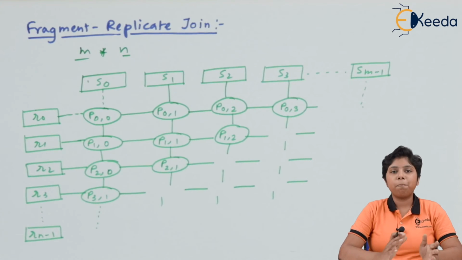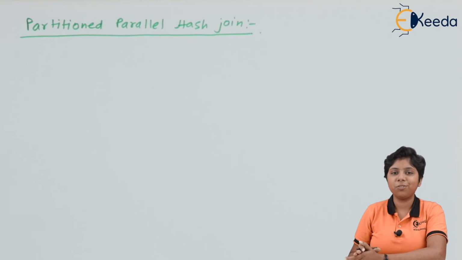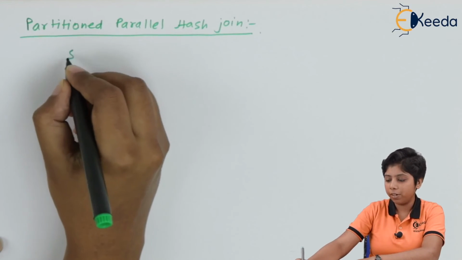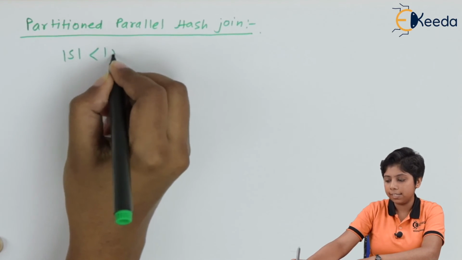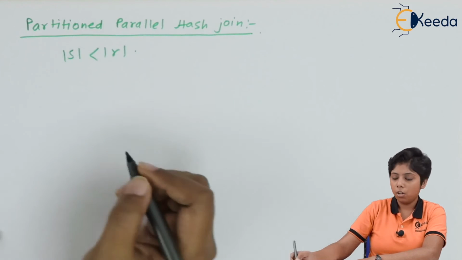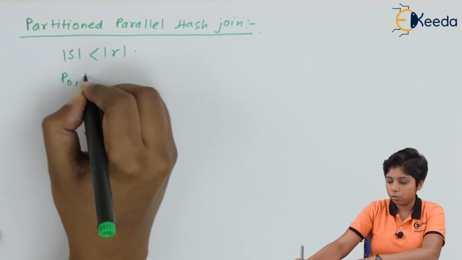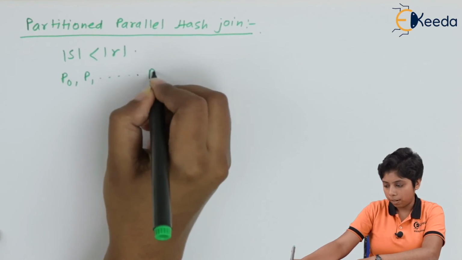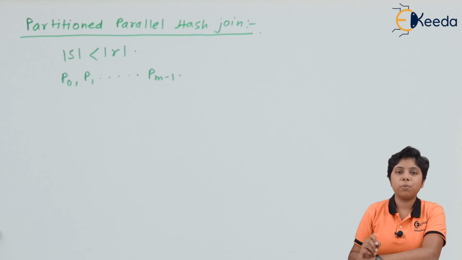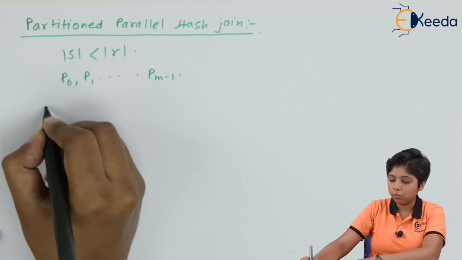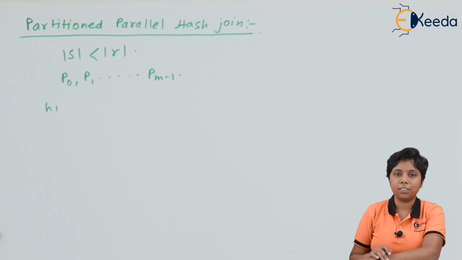The next one is the partitioned parallel hash join. Now we are considering two relations S and R such that the size of S is less than the size of R. We have the processors P0 to Pm-1 to be divided in the disk and partitioned. Now we will build our hash function H1.